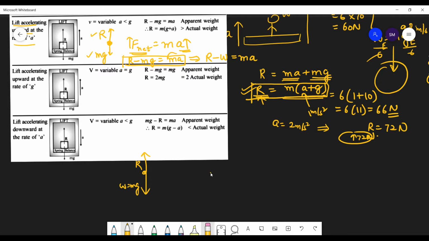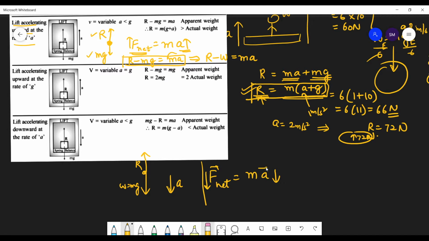Which force is greater? Because F net is equals to m into A. So here the acceleration is downwards, so F net will also be in downward direction, students. Yes or no? Yes, sir.